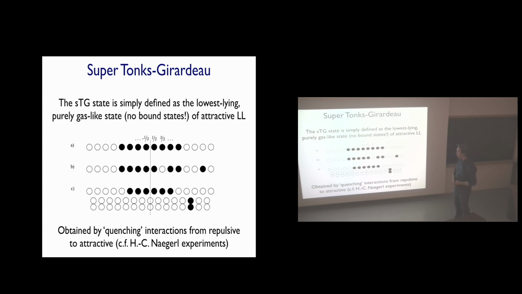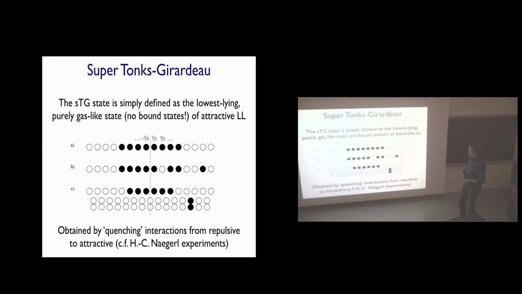The super Tonks-Girardeau gas starts from, in this case, the ground state of infinitely repulsive fermions and suddenly changes the Hamiltonian to infinitely attractive bosons. But the wave functions match one to one. Okay? So it's a direct eigenstate also of the c minus infinity Hamiltonian.